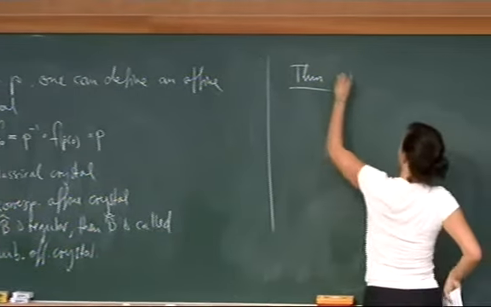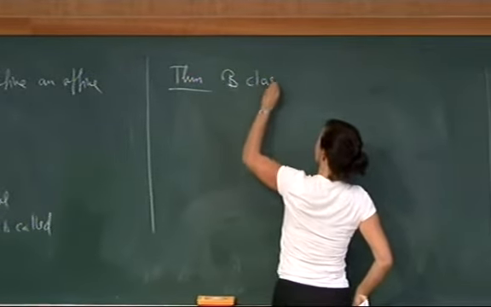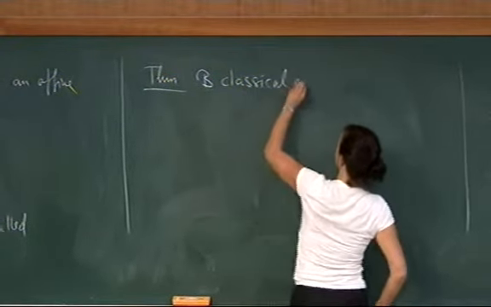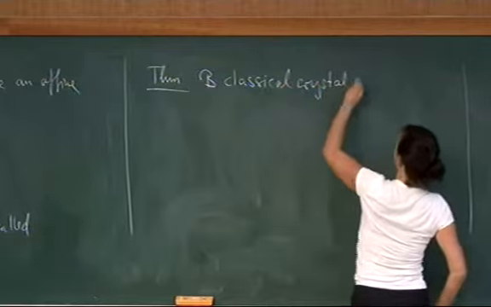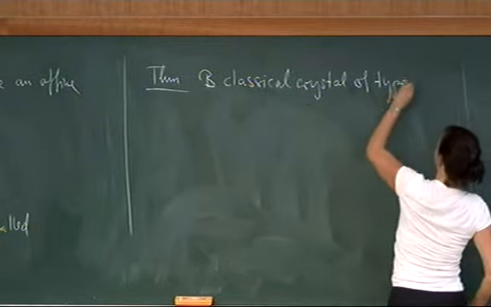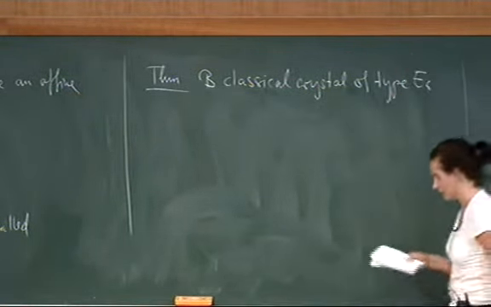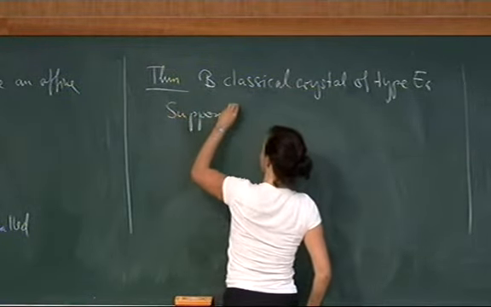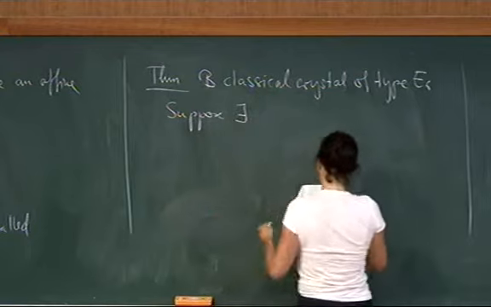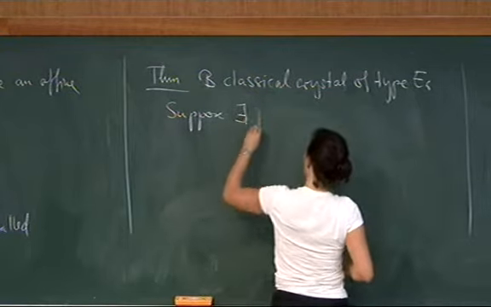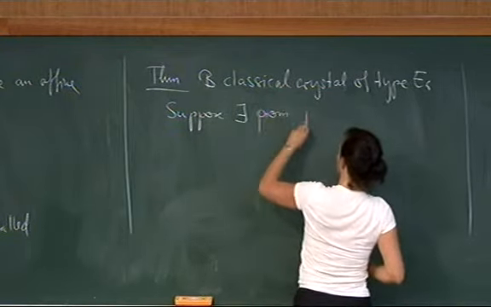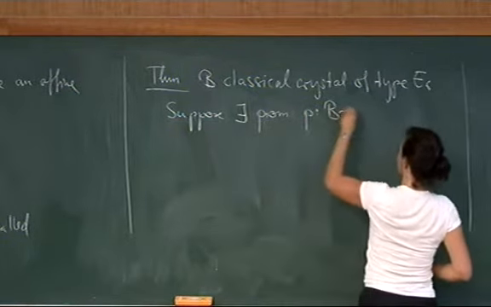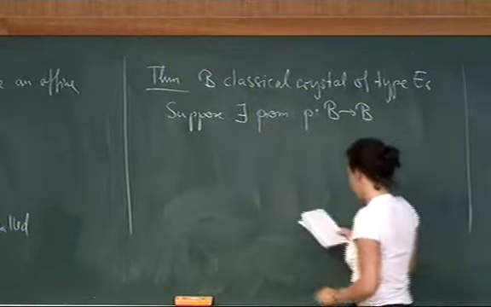Let B be a classical crystal of type E6, and suppose that there exists a promotion P from B to B of order 3.